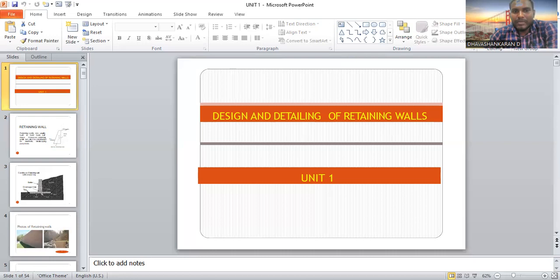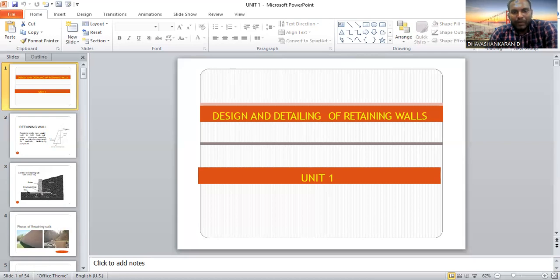What kind of retaining material is used for the construction of a wall? Majorly soil is used as a retaining material. Liquid storage structures are also constructed, and in some categories we may say that is a retaining wall too.